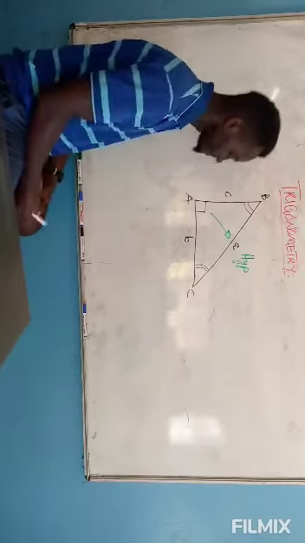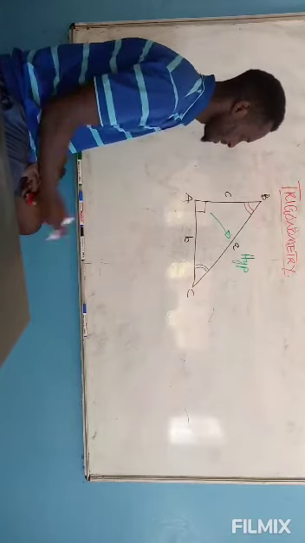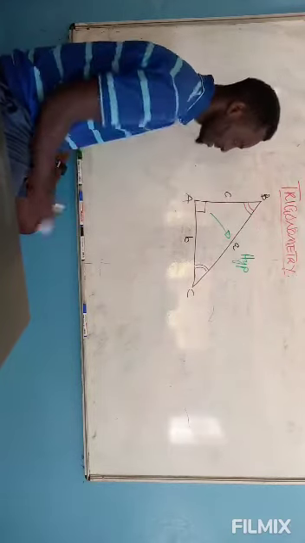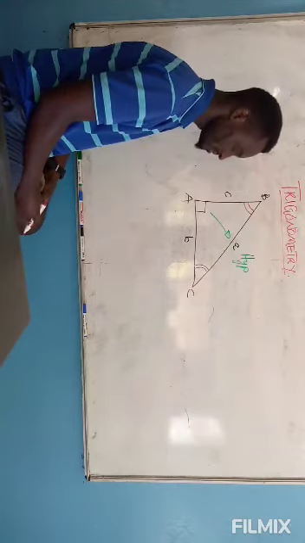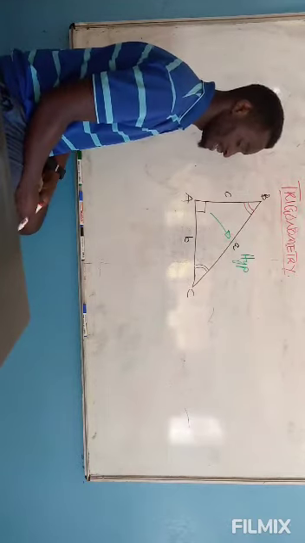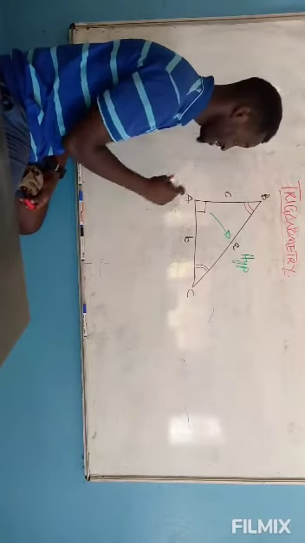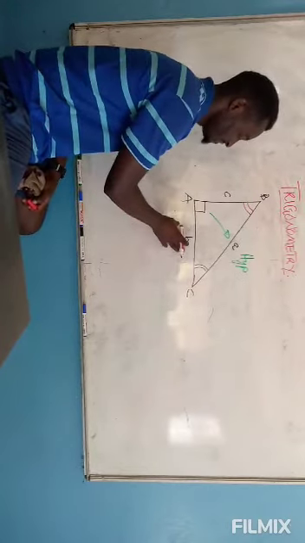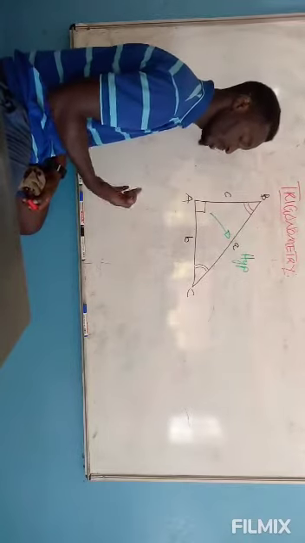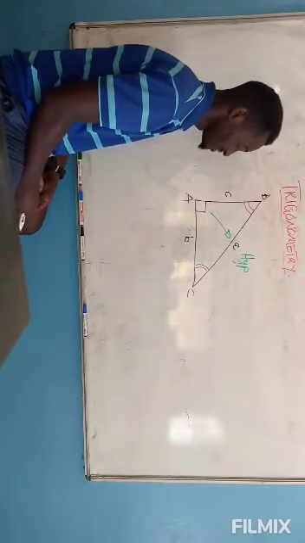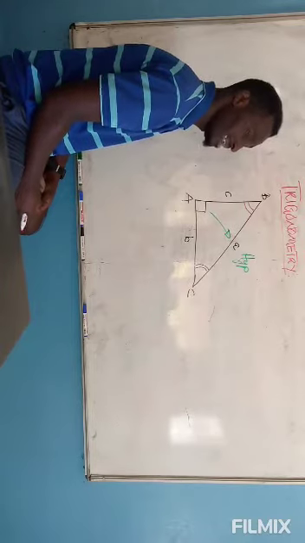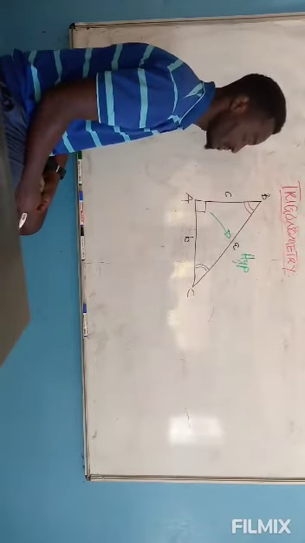Now, B and C are the adjacent side and the opposite side. Why am I saying so? Because side B and side C will always swap in terms of whether they are the opposite side or the adjacent side.